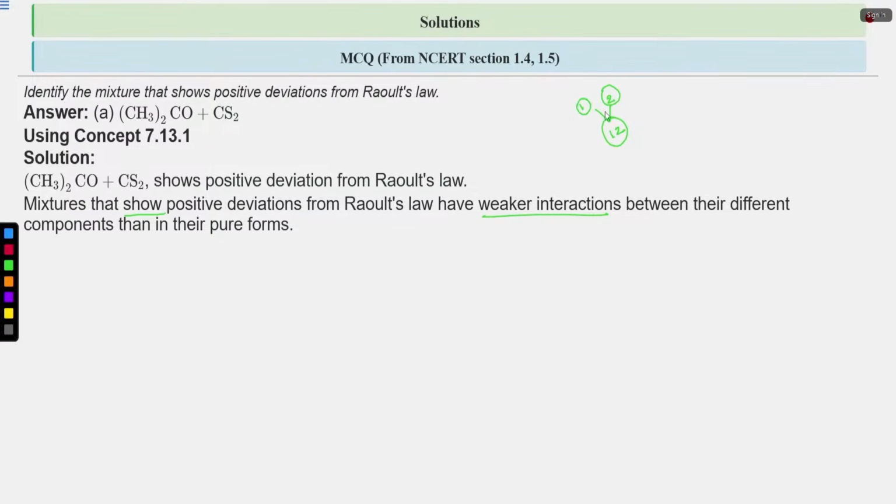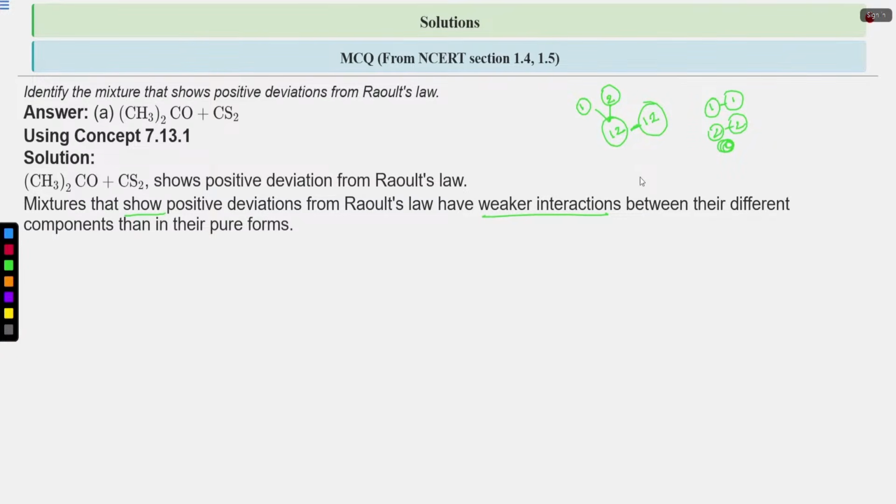Now this mixture will have weaker intermolecular interactions than in their pure forms. That means if you attach one with one, or two with two, this interaction will be greater than the interaction between one and two.